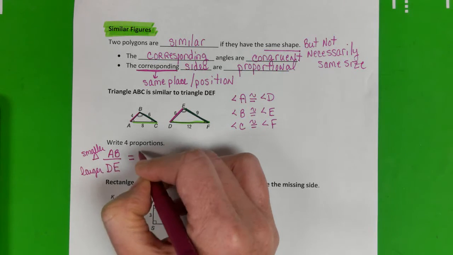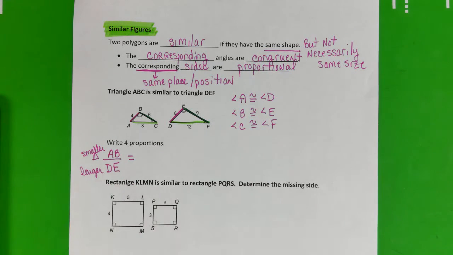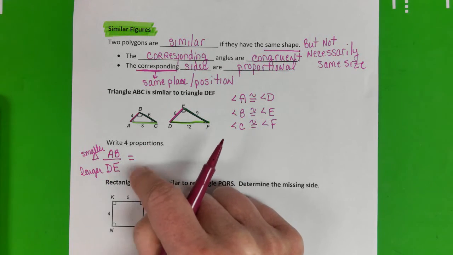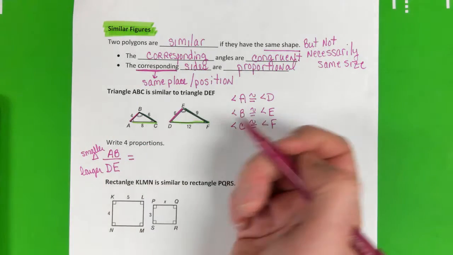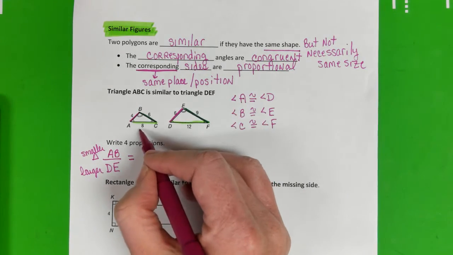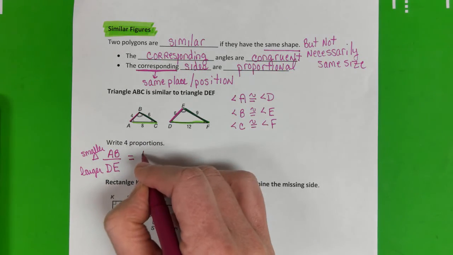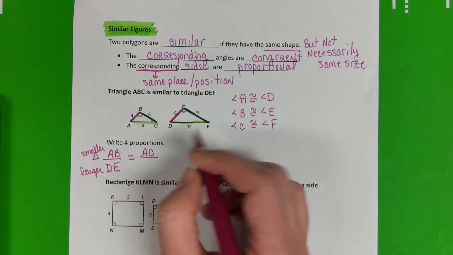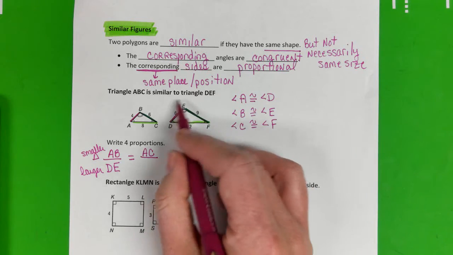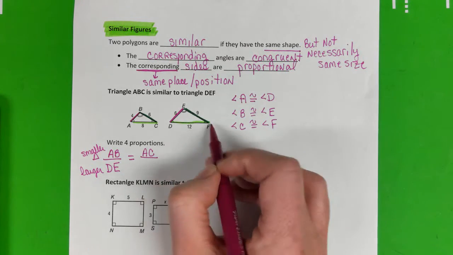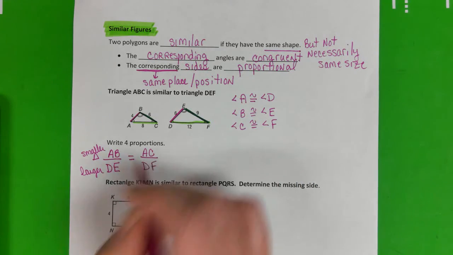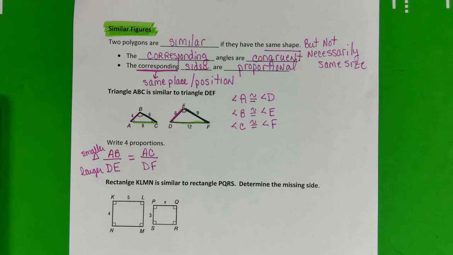So when we write our second ratio, our second fraction, it needs to be smaller over larger. So we could pick either of these two sides, maybe side AC. What corresponds to AC in the larger triangle? DF, right? I'm going to pause a minute and let you think about that.